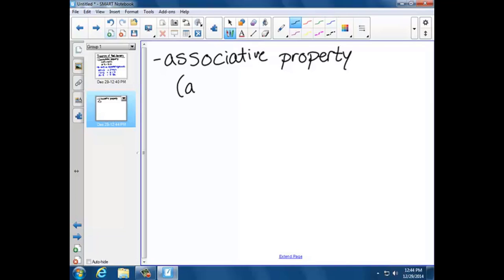So if we have a plus b in parentheses plus c, this should be the same as a plus, in parentheses, b plus c. So with addition, it doesn't matter which ones you add first. You can do the first 2 and then add the third one, or you can add the second and third and then add the first. So it can be done in different orders.